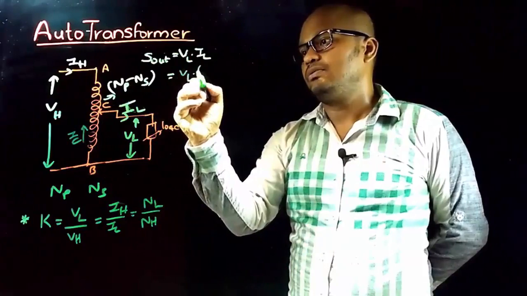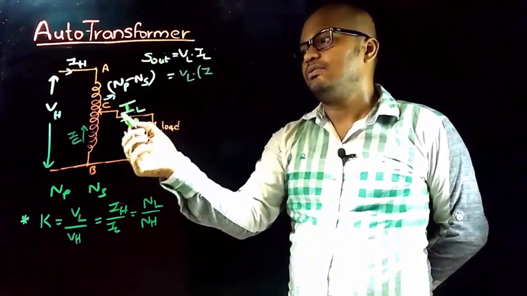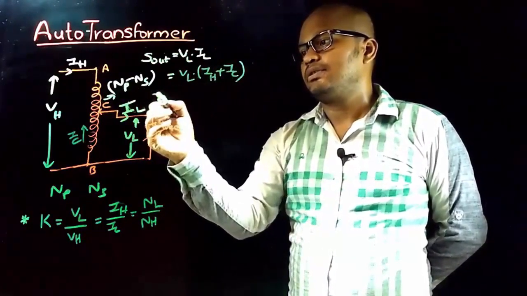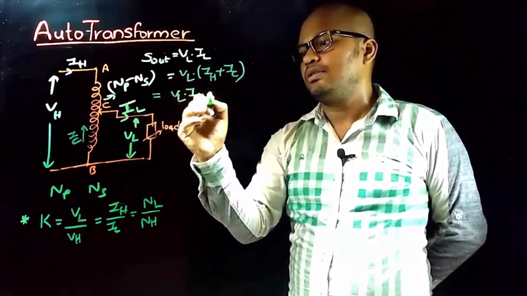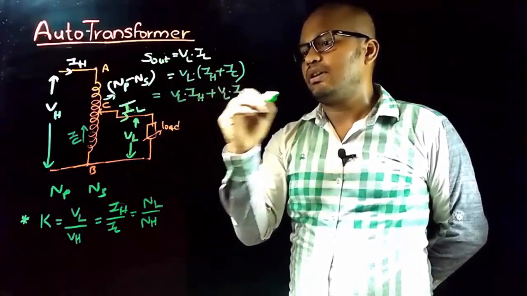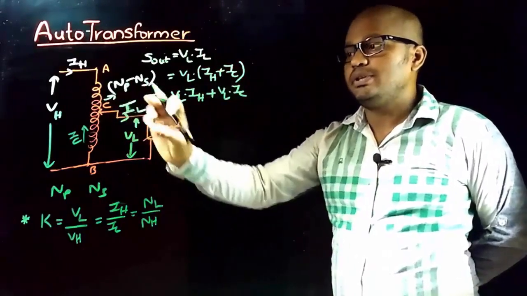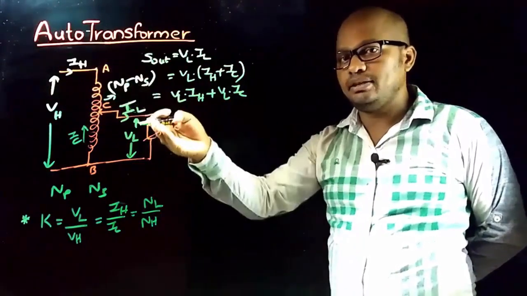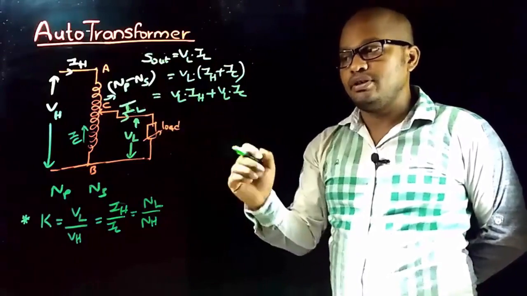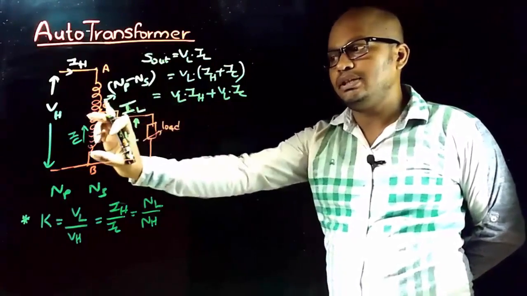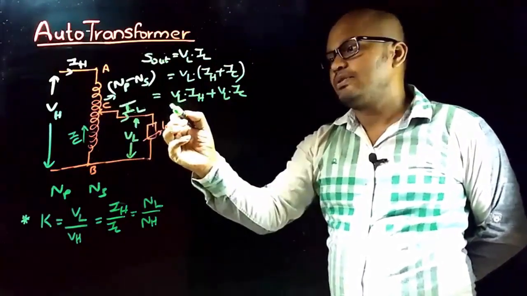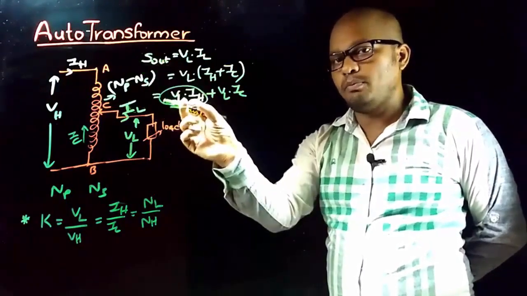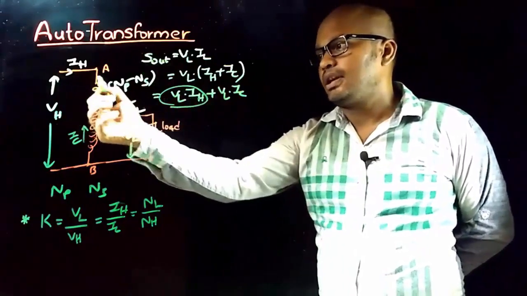So VL into IL is equal to VL into IH plus IC. So VL into IH plus VL into IC. And it is discussed that the load in auto transformer will take some part of the power directly from the input supply, and that is through conduction process, and some part of power through the induction process. If you observe that VL into IH, so this is a part of output power and IH represents the conduction current.